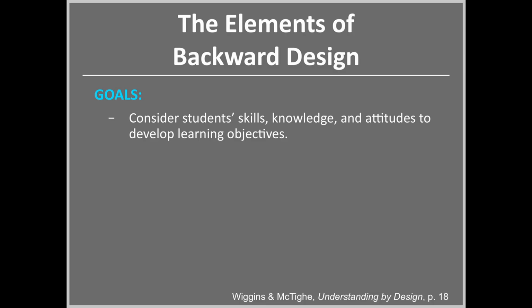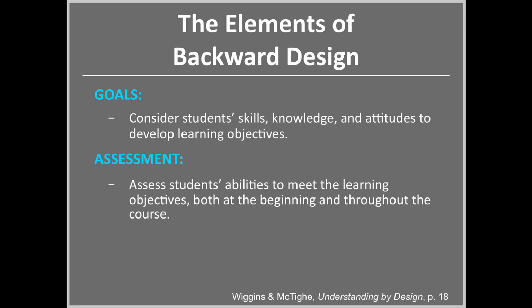The first step of the backward design process is to identify the goals of your course, and then you can design everything after that: the learning objectives, assessment tasks, and then the instructional experiences. When you are determining the goals of your course, think about your students' skills, knowledge, and attitudes.